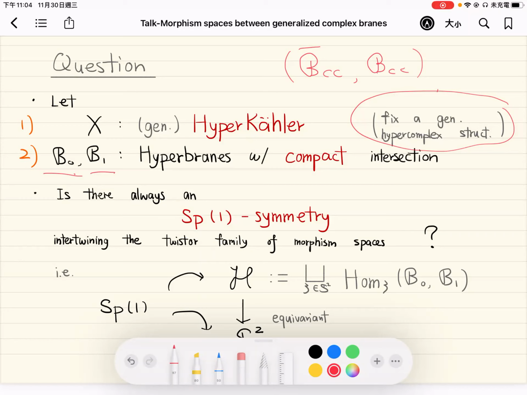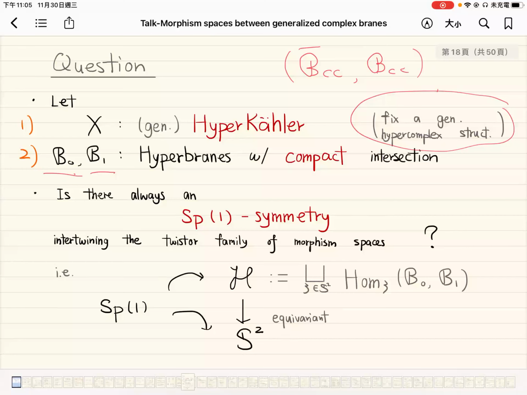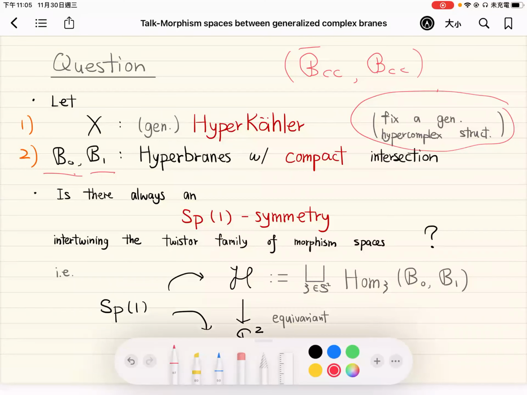Yeah. But in this case, you're producing a family of. Yeah. So how are you interpreting the parameter in the S2 in this case? Well, because we focus on the BCC bar BCC system, then the two sphere is this one.